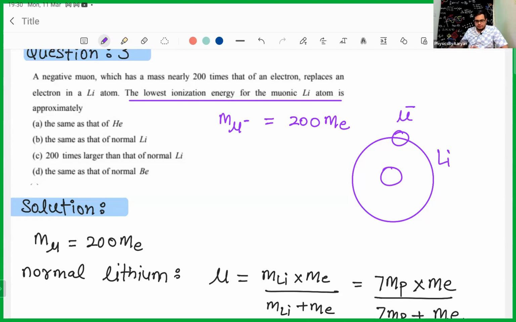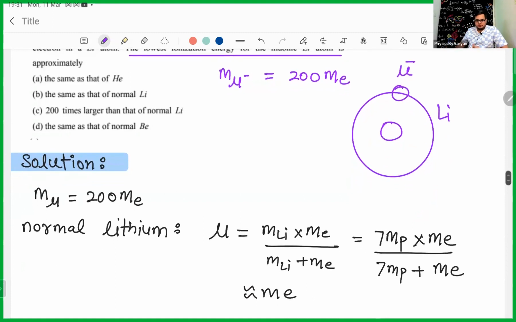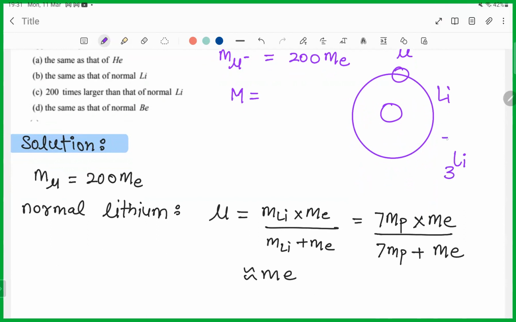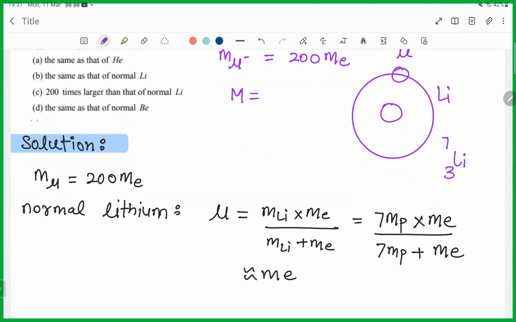So we find the reduced mass. First of all, for normal lithium we calculate the reduced mass. In normal lithium there are 3 protons. What is the mass number of lithium? 7. Lithium's mass is basically 6.9 something, so it is almost 7. 3 is the atomic number and 7 is the mass number.